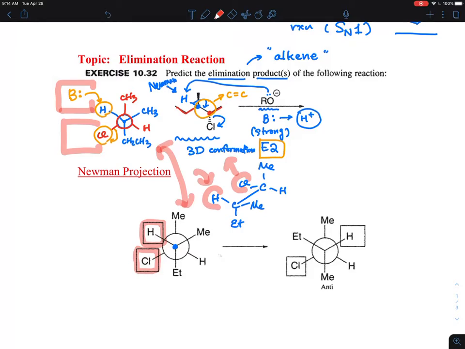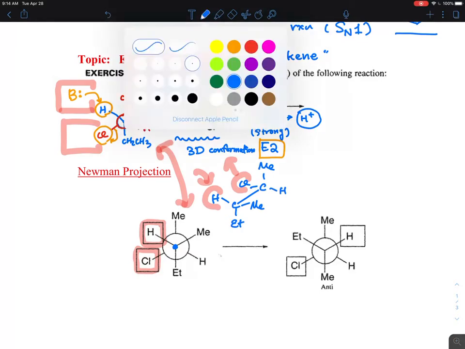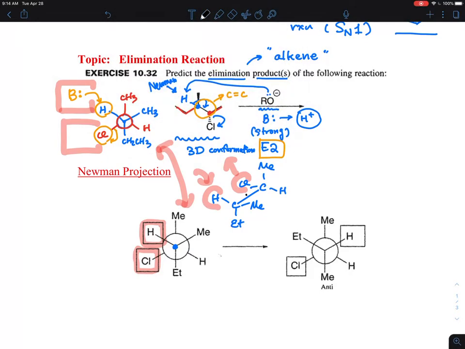So now, having this idea, this is a rotation around a sigma bond. That's always possible. Think about it, you rotate those until you make this one go to the opposite side.